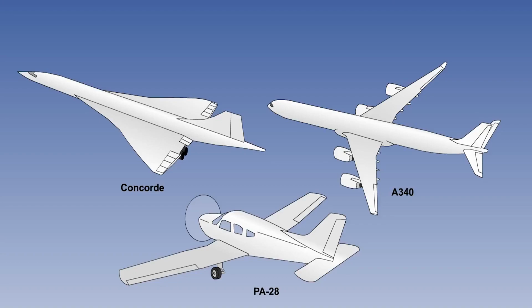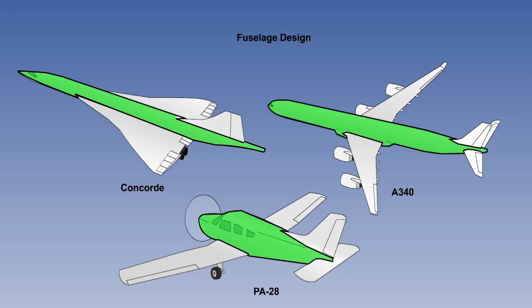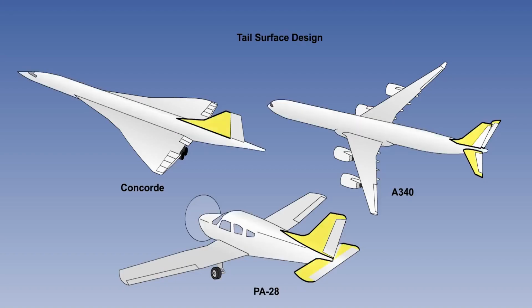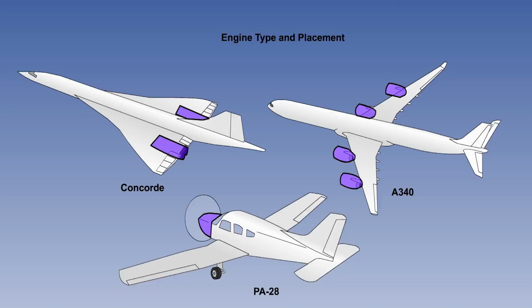Let us now consider how the design of the primary aeroplane components varies between these aeroplanes. Notice the different design of the wings, their shape and position, the fuselage shape and cross-section to length, the size, shape and presence of tail surfaces, the variation in size and location of control surfaces, and the location and number of engines.